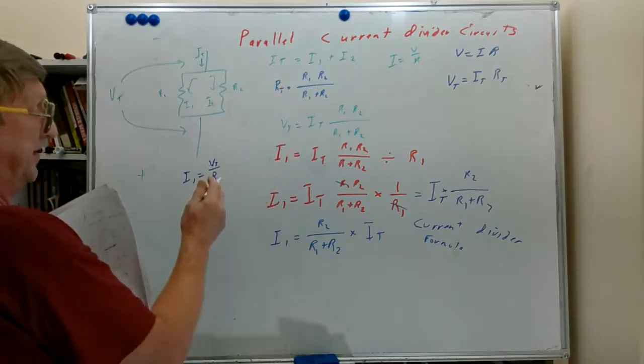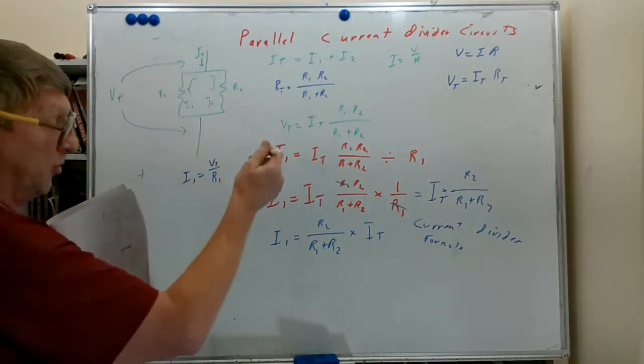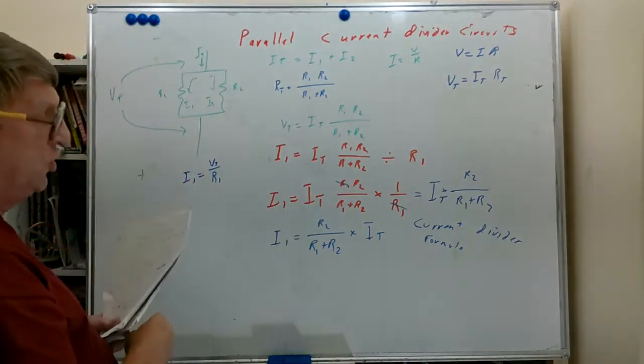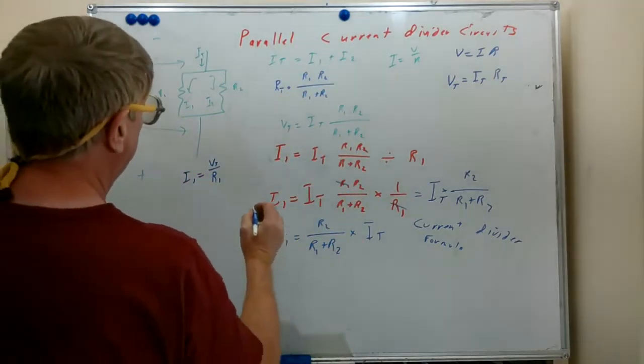Basically, because of this, less current will go down the larger resistance and more current down the lesser resistance.